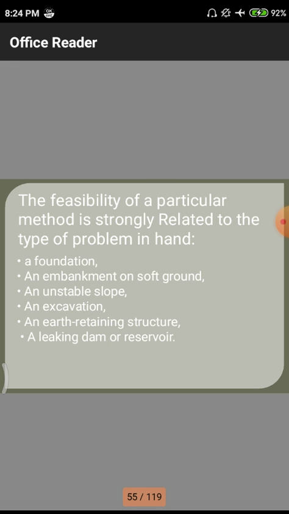Likewise, in the construction of a building we have different parts that are interconnected one to one, so we need to consider feasibility and different conditions. First of all, the problem at hand is a foundation. We need to make the foundation on a particular soil strata. For laying the foundation we need to do some earthwork.